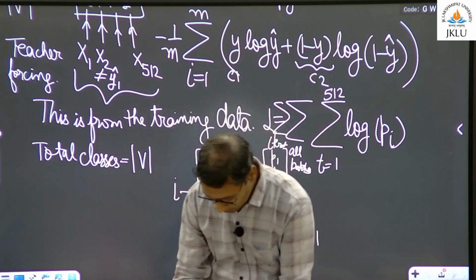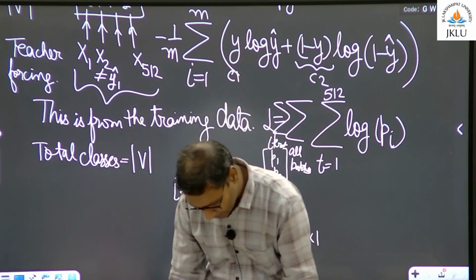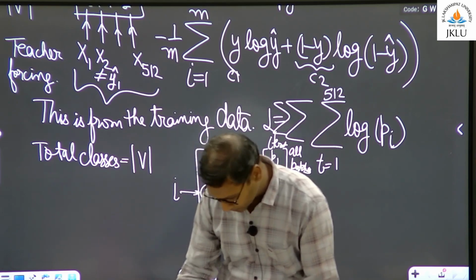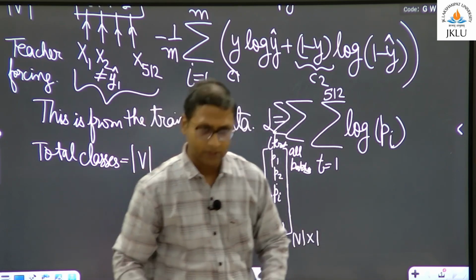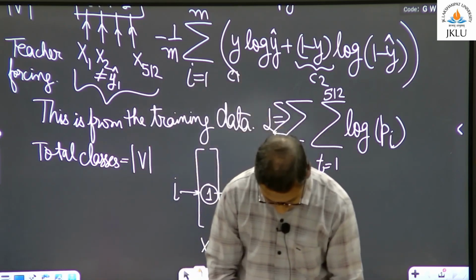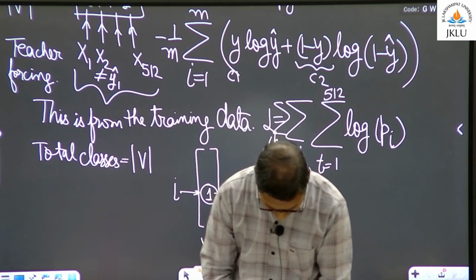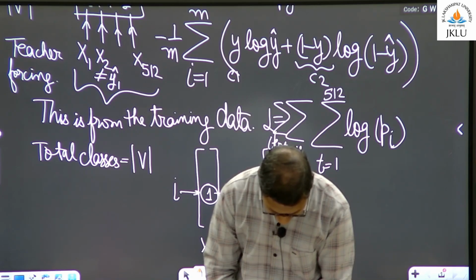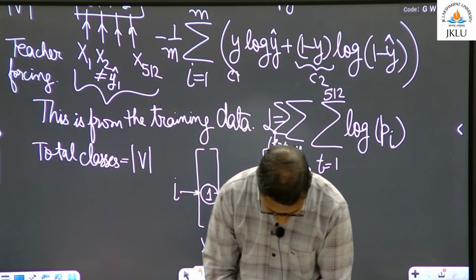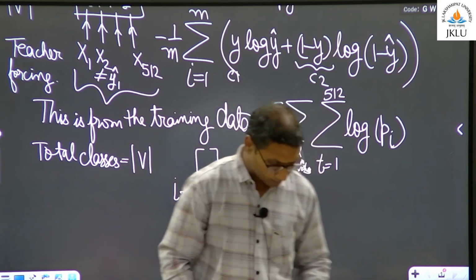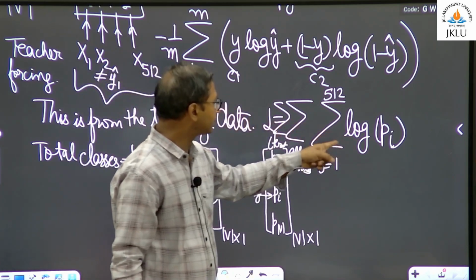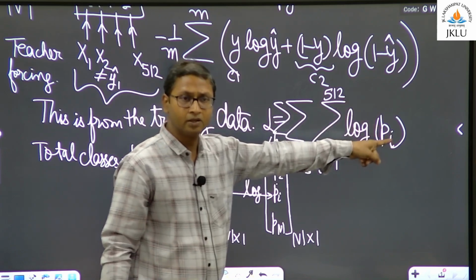But I am sure there is some better way of representing this. I don't see that here now. Okay. Or in fact, I could have just kept it summation log pi.